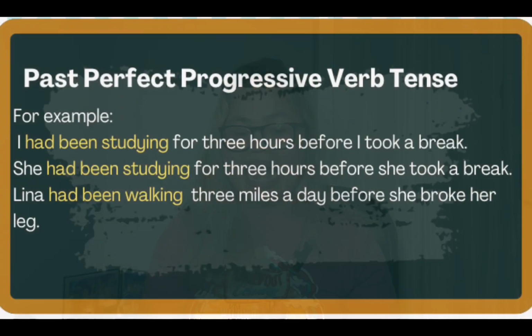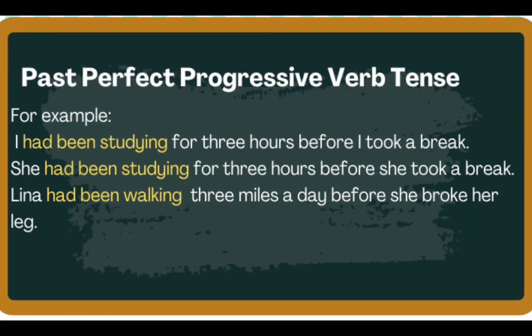For example, I had been studying for 3 hours before I took a break. I had been studying, started in the past, for 3 hours, a specific period of time, before I took a break, another action that's already ended. Next example, she had been studying for 3 hours before she took a break.